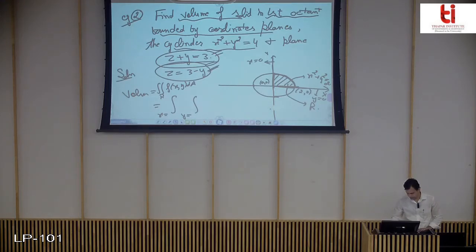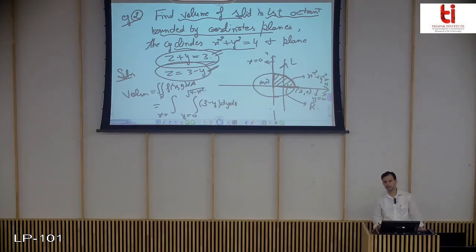Now in this case you can see from the figure that whether you take dy or dx, it will not matter much, because the portion here is in the first octant and in the xy plane it is the first quadrant. So you consider an imaginary line entering at y equals 0 and leaving at square root of 4 minus x square.